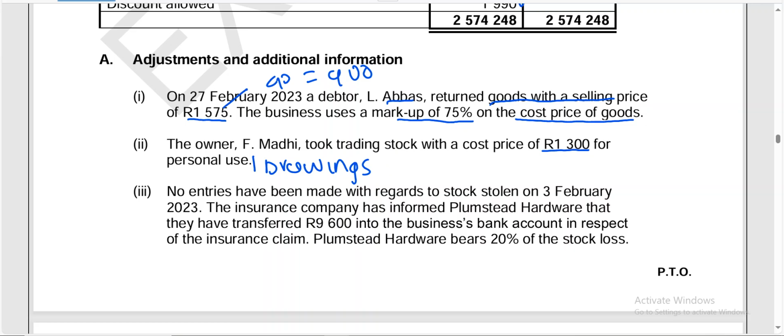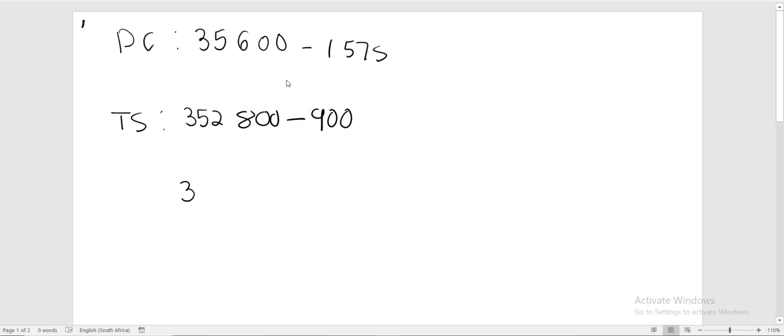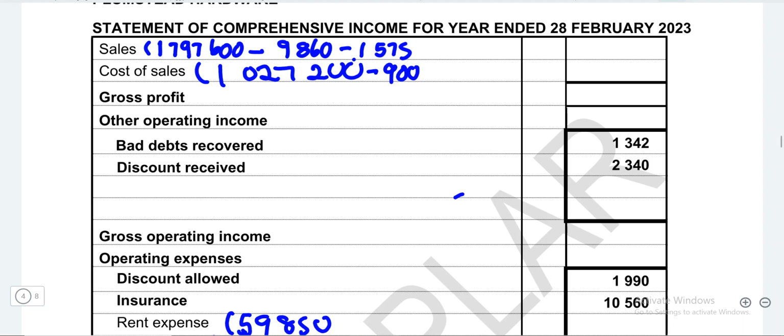We don't record the drawings account. So in other words, we must go to our trading stock account and subtract this 1,300, because the stock was taken but not recorded. So we will also subtract 1,300 here. Okay, then from there we will be done with this. We can go to the next transaction.